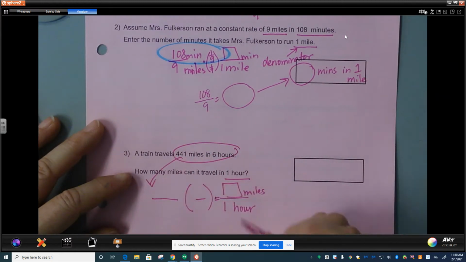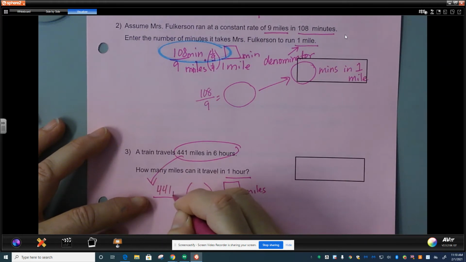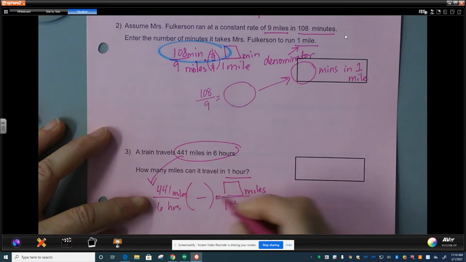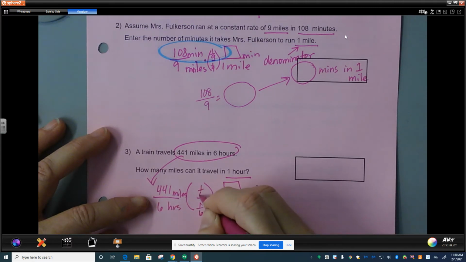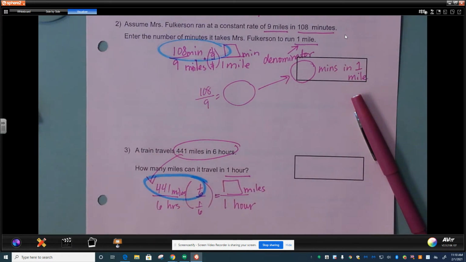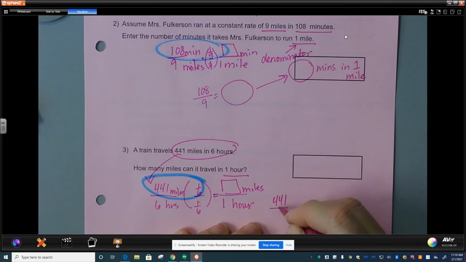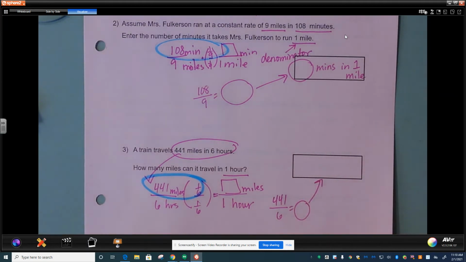Your original ratio always is the first part. If miles is on top, 441 miles divided by 6 hours. 1 over 6, 1 over 6. So this is your math problem, 441 divided by 6. And then that's your answer. Make sure you pause the video to do the division.